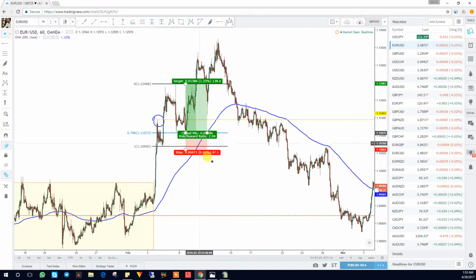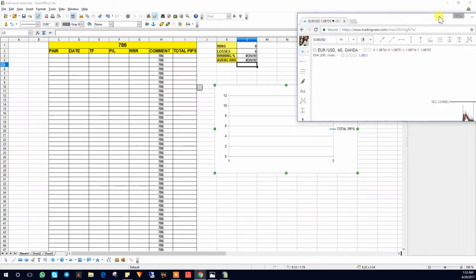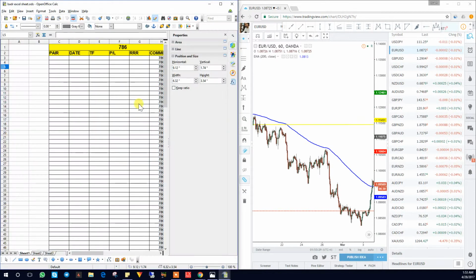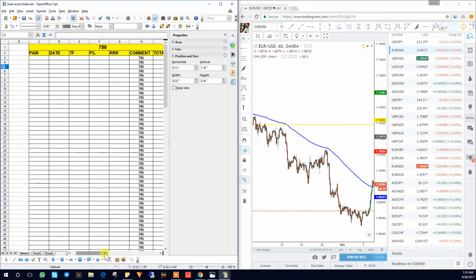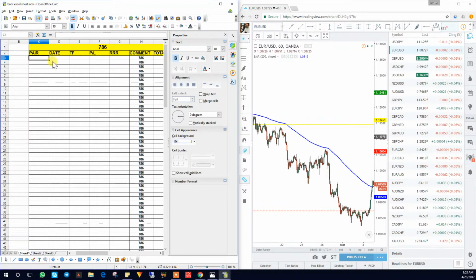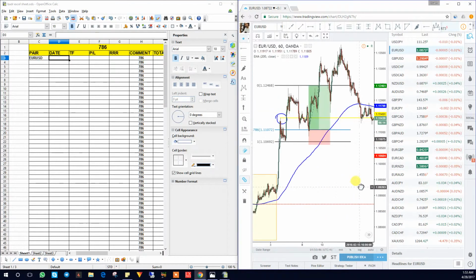So what I'll be doing is copying the data from here to the table. To do this, boom, and then bring my table. The first thing is the pair. Our pair is Euro USD. As you can see here, the date is here.